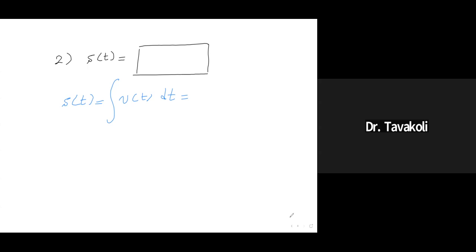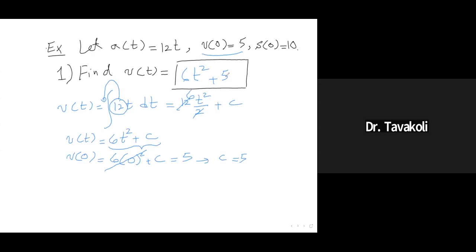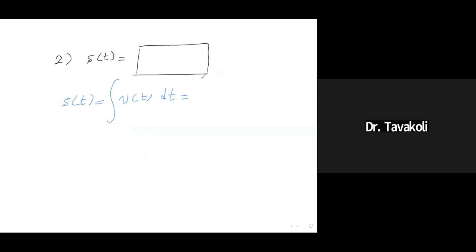in the previous part of this example, we already found V of t. V of t is 6t squared plus 5. So that's going to be the integral of 6t squared plus 5. Now we need to find this integral.